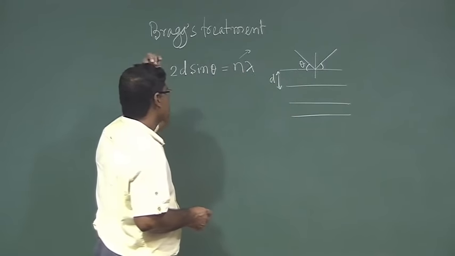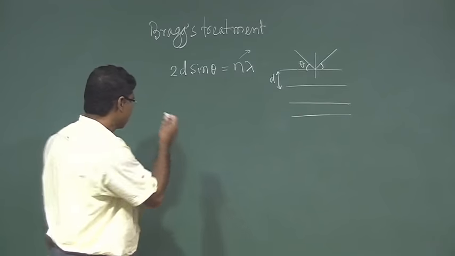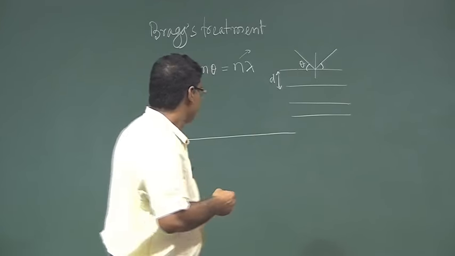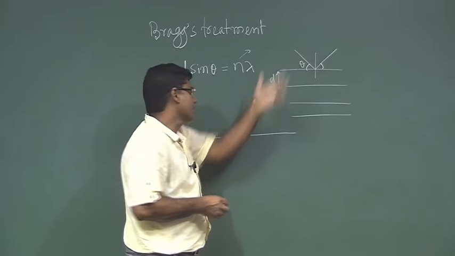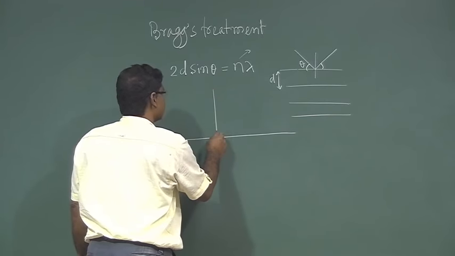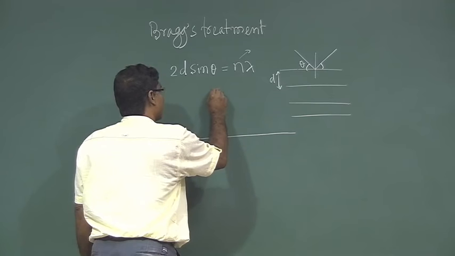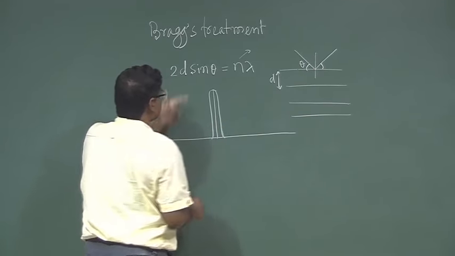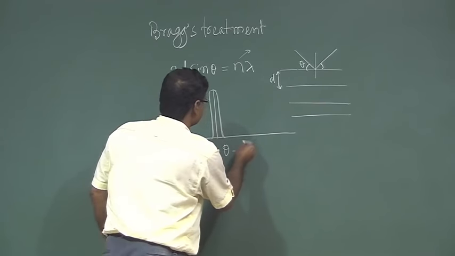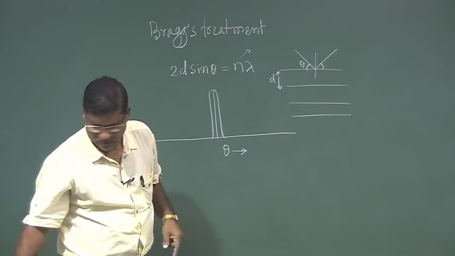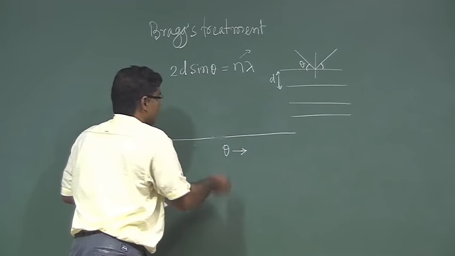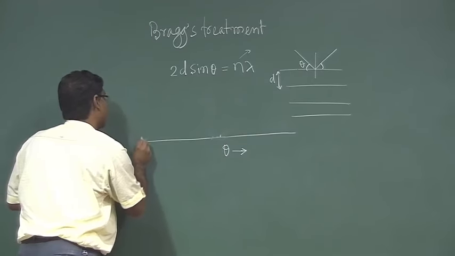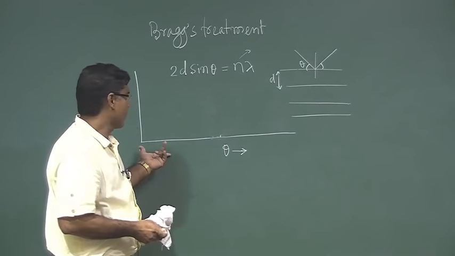So, from here, just as we got the principal maxima, let us consider different angles. Take this as the 0 degree.